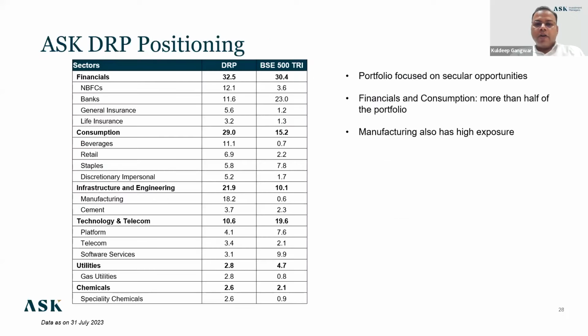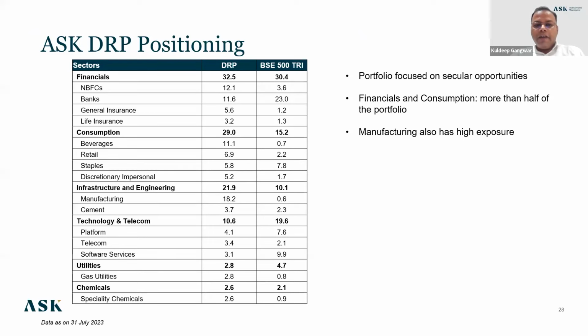If we look at the psychographic of, say, DRP, it's overweight in three areas. First is financials, almost one-third of the portfolio coming from the financial domain. We have decent coverage for private banks, NBFCs, and insurance companies over there. The second overweight area is consumption, where we cover staples, consumer durables, luxury, as well as other retail and beverages companies.